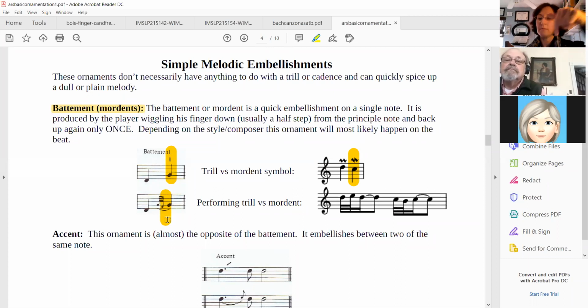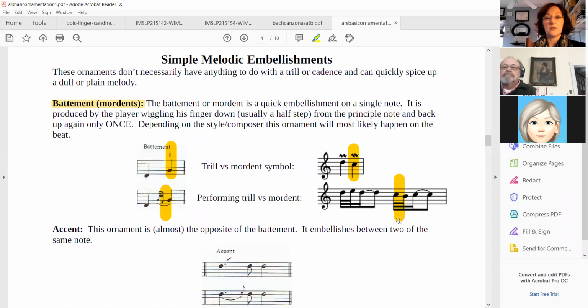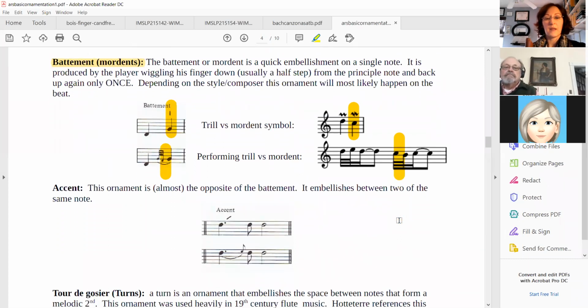Trills go up, mordents go down, and they only move once. And you go as fast as you can. This is a very useful one. I think that this one gets used quite a lot, so you can add quite a bit of that into your playing. And the symbol that I see most often is the second symbol.